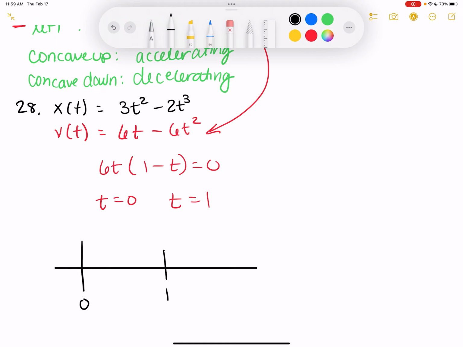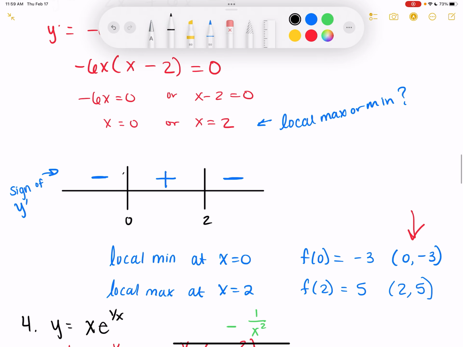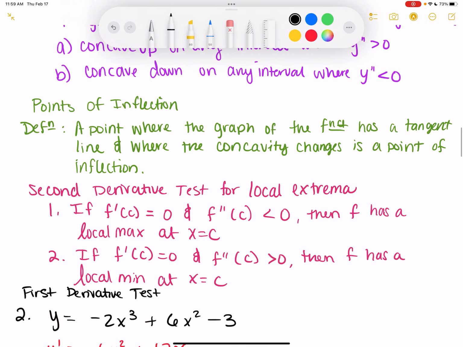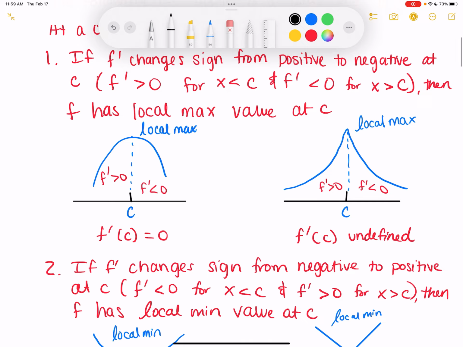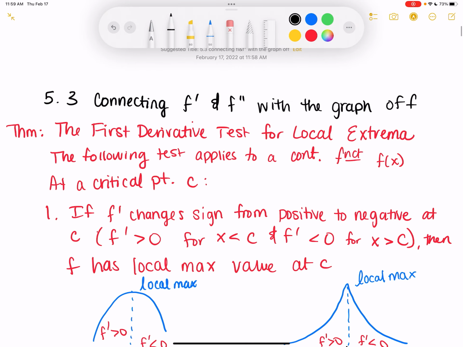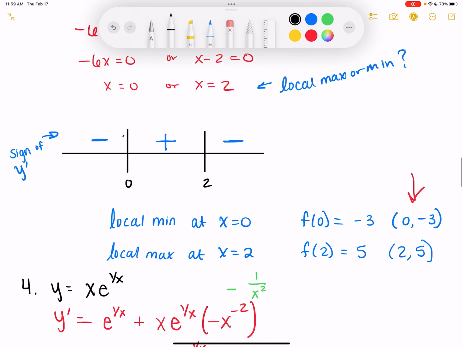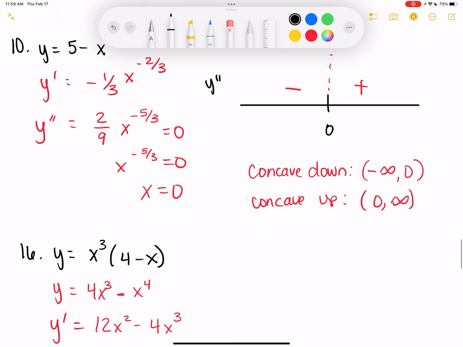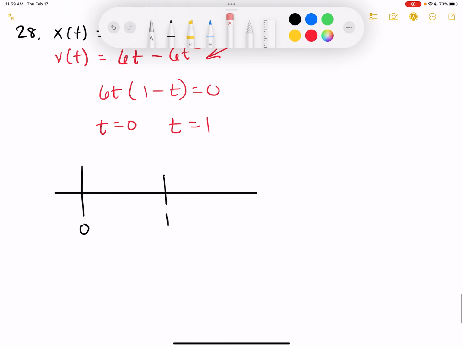Hold on. I actually think it's going into the first derivative. So that was a good question. I wasn't paying attention. That's why I typically like to write what I'm putting it into, because I'll forget.